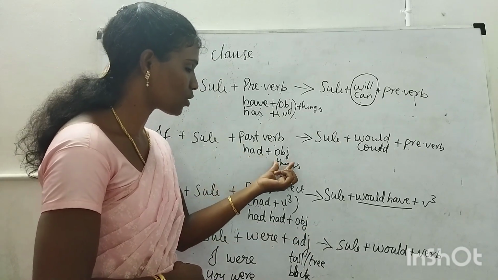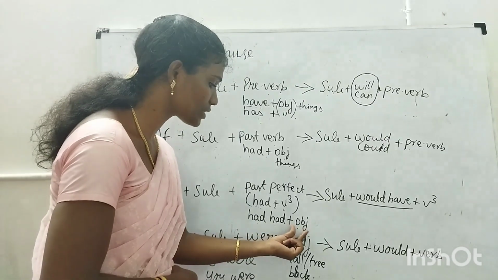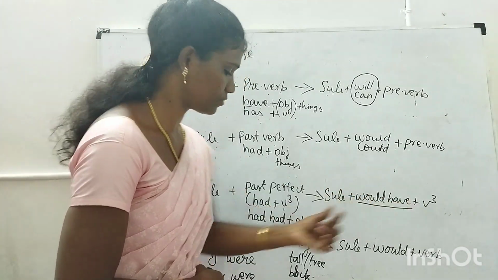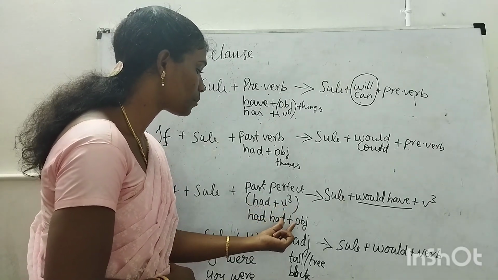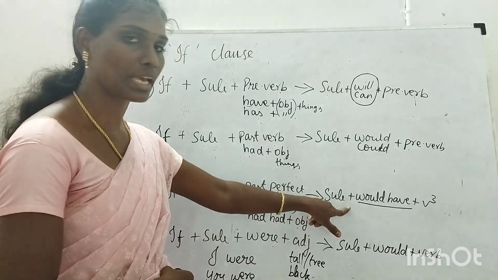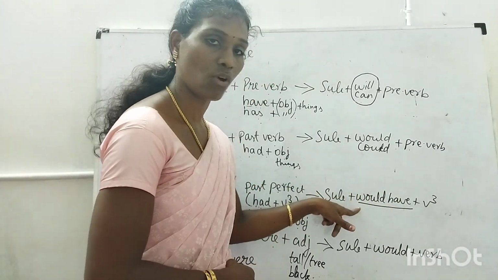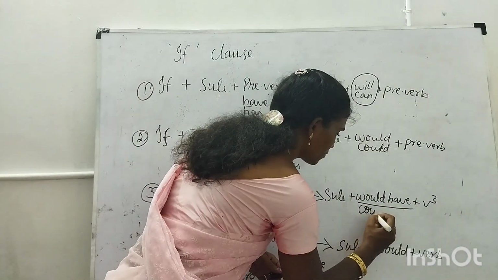Had plus verb third or had plus object means your answer will be subject plus would have, or would have also. You can choose would have.